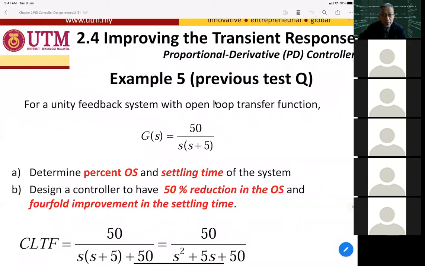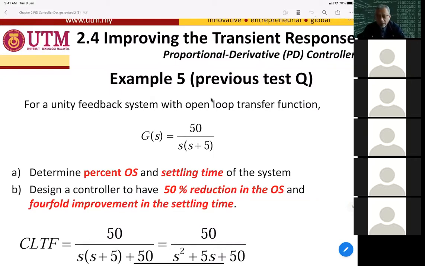Okay. This week, I will continue on the PD controller as we discussed last week, where we already went through the P controller, the PI controller, and now the PD controller.